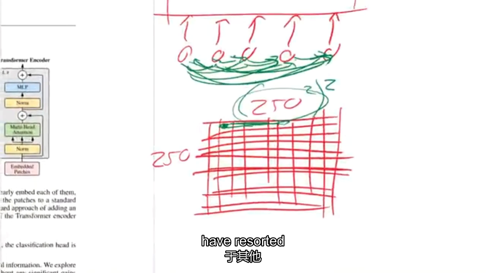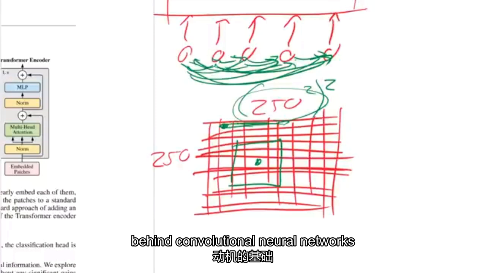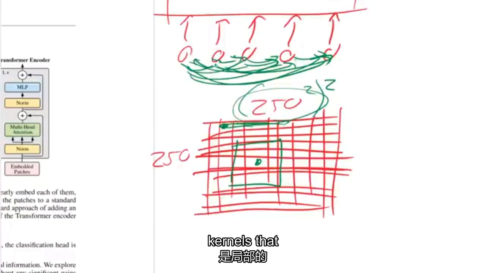So people have resorted to other things, like only local attention, so only attending to the area around them, which of course is the foundational motivation behind convolutional neural networks: you learn kernels that are local, and then you slide them across and over the layers.